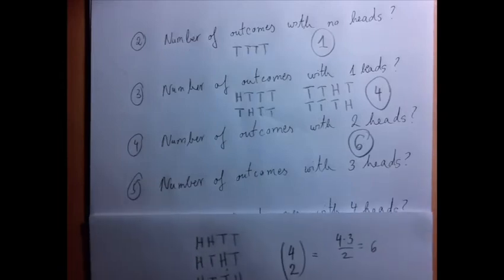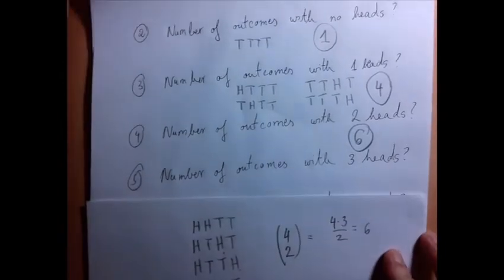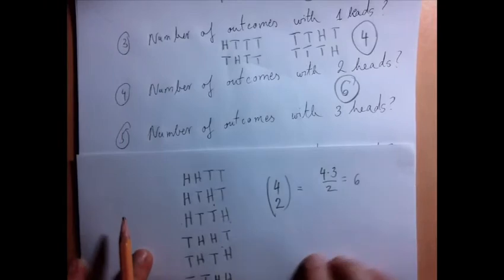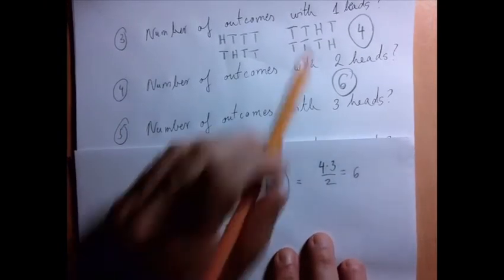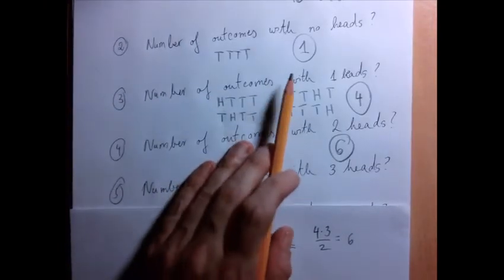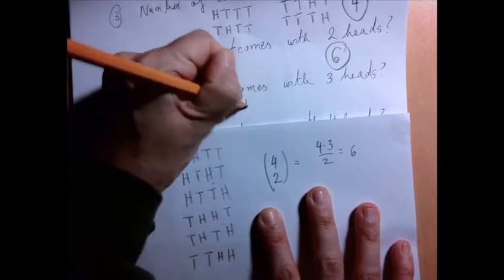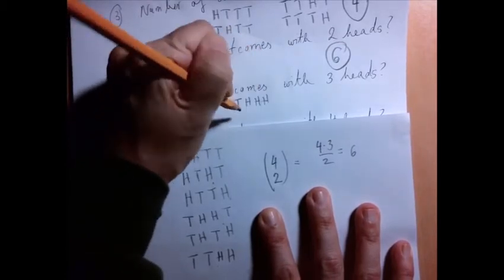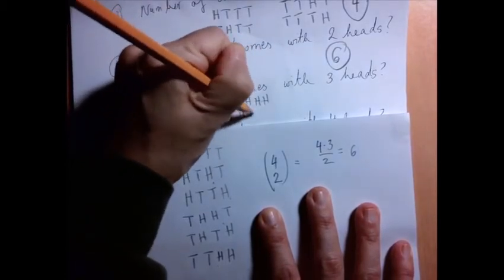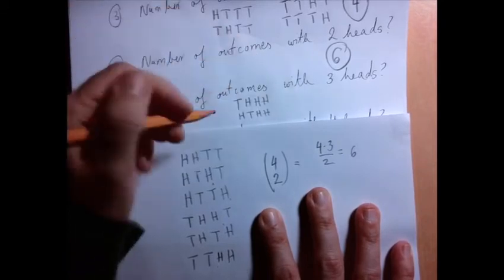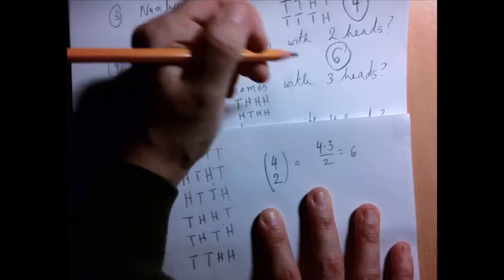Now the number of outcomes with 3 heads. If there are 3 heads, then there is 1 tail. That should be the same as what we had with 1 head, right? So there is a certain symmetry going on here. It could be tail, heads, heads, heads, or heads, tail, heads, heads. But you see that this is going to be 4 choose 1, or 4 choose 3 if you like.